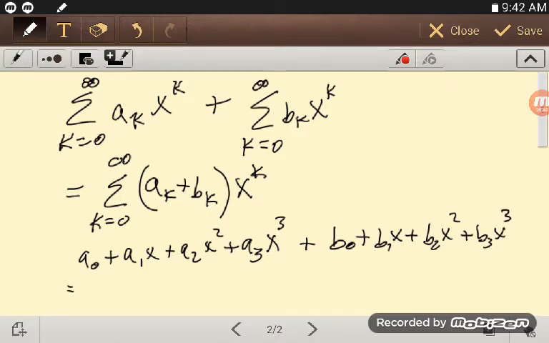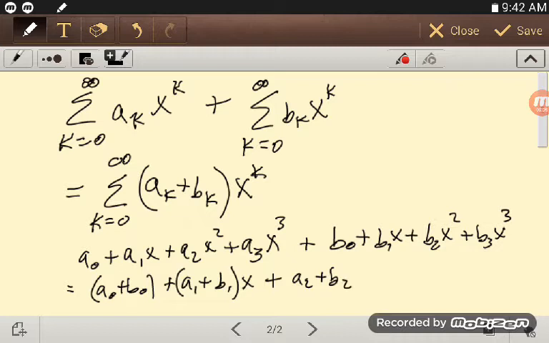Then when I add those together, I could put the a0 plus b0 together. Then the x terms, I have a1 plus b1 times x, and then a2 plus b2 times x squared, and the same thing, a3 plus b3 times x cubed.